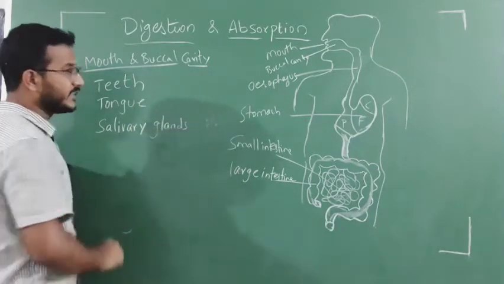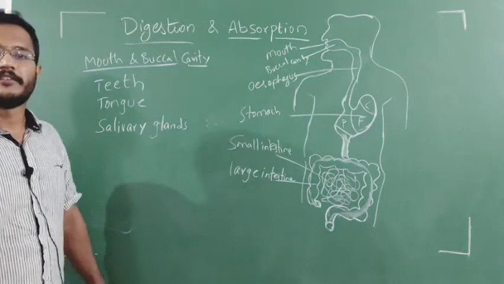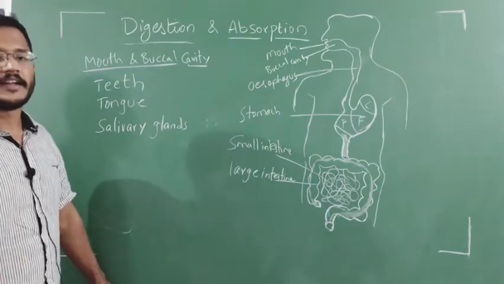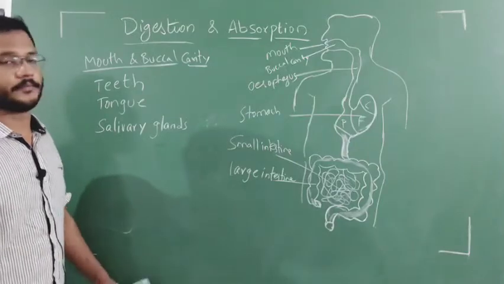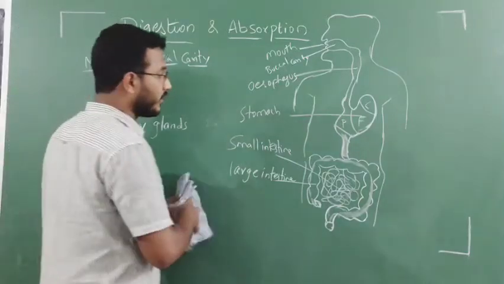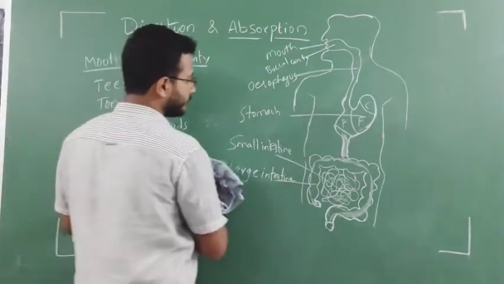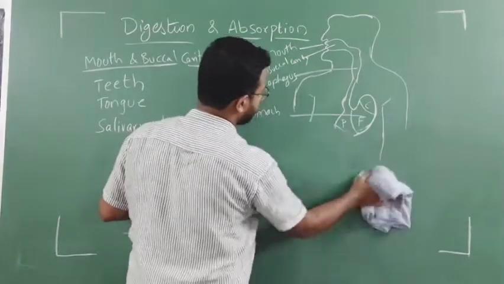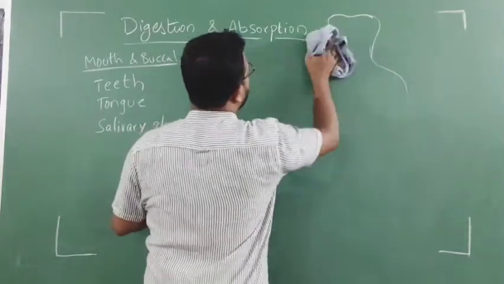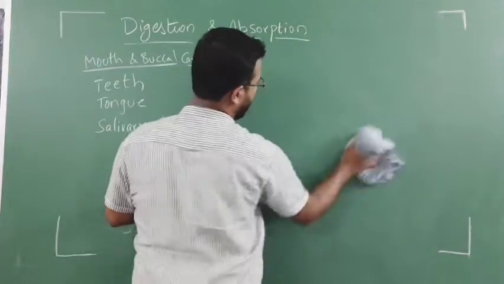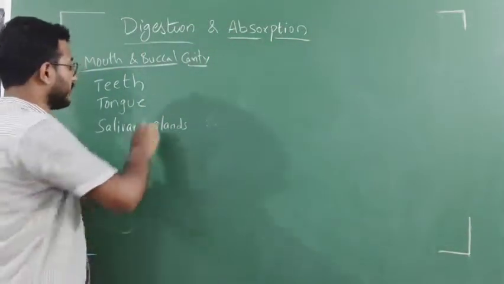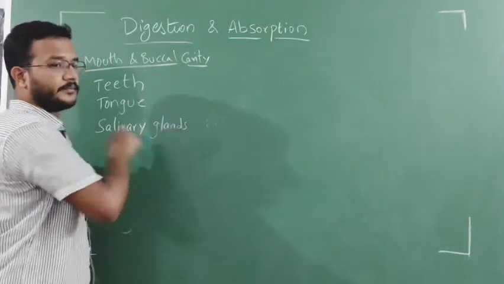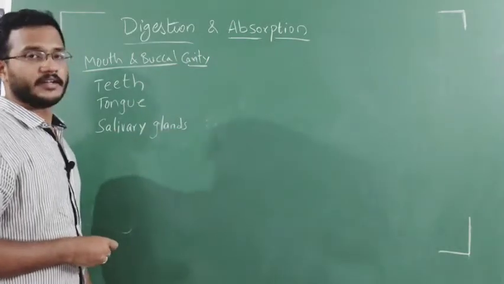The glands which release the saliva are called salivary glands. You can draw this diagram in your notes. Now we will see about each organ: teeth, tongue, and salivary glands.